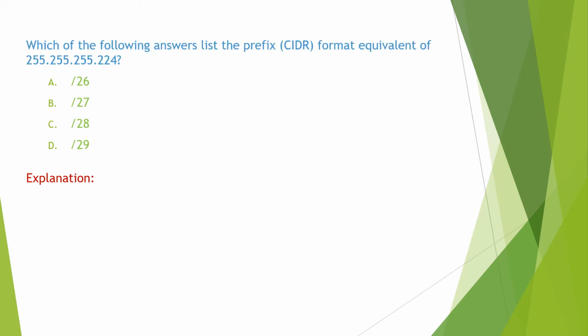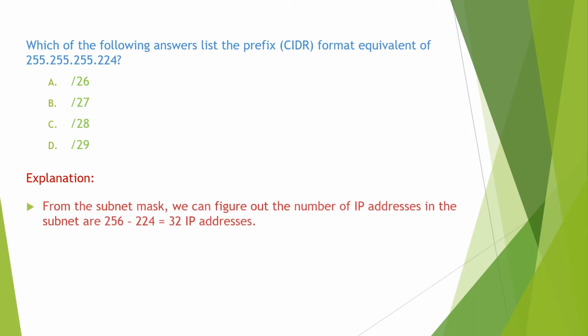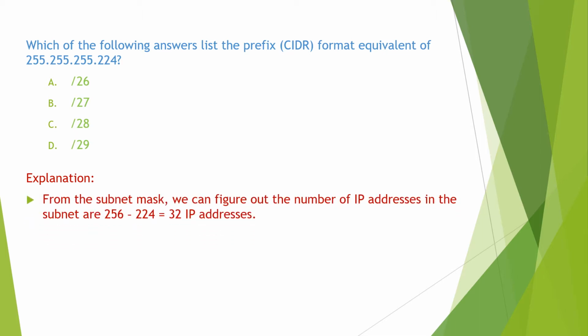Which of the following answers lists the prefix or CIDR format equivalent of 255.255.255.224? From the subnet mask, we can figure out the number of IP addresses in the subnet: 256 subtract 224 equals 32 IP addresses.